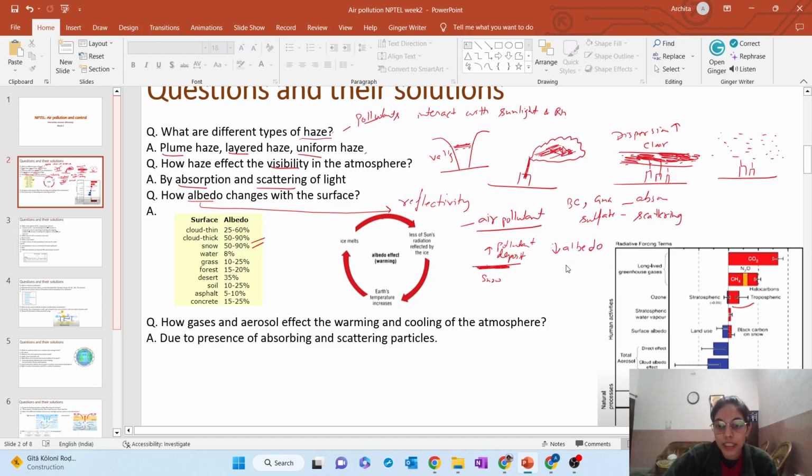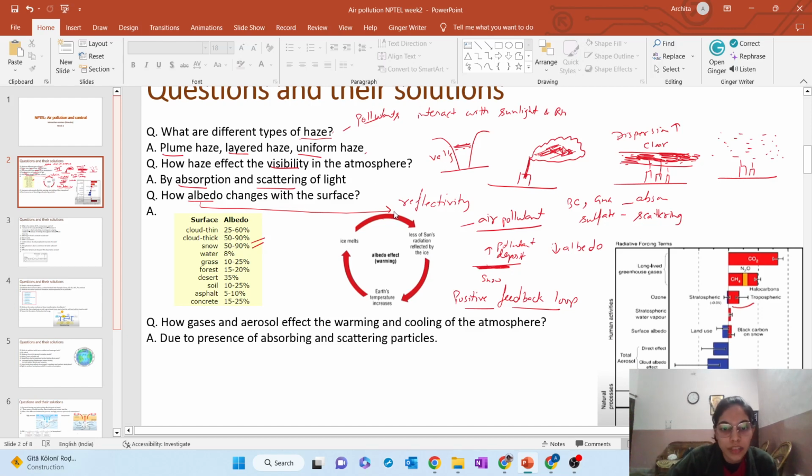And now this decrease actually creates a positive feedback loop. What is a positive feedback loop? It is when a decrease in one thing leads to further decrease, or an increase in certain things leads to further increase.